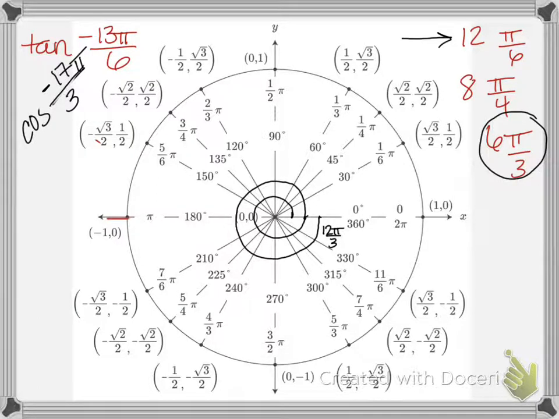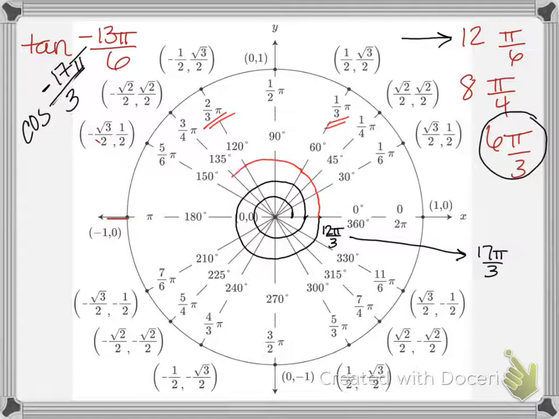So from 12 pi over 3 to 17 pi over 3, if I have to go from 12 all the way to 17 pi over 3, how many more do I need to go? Well, I need to go 5 more, right? So I'm going to change color here just to make a point. I'm going to keep going, and I'm going to keep counting. There's my 1/3, there's 2/3. See, I'm marking right there.